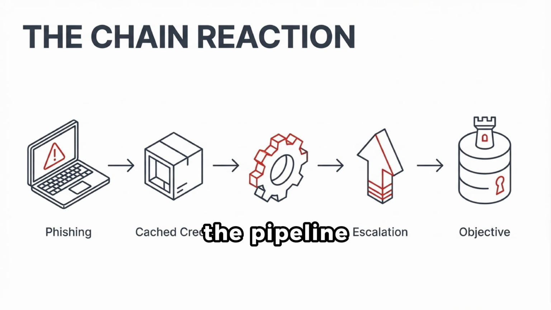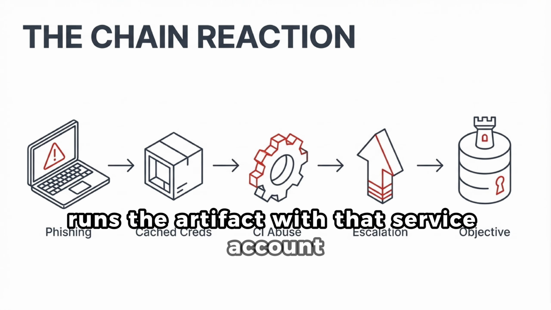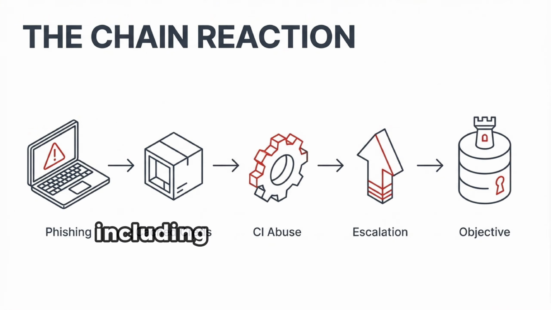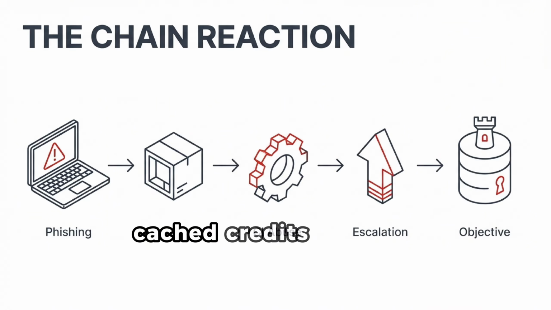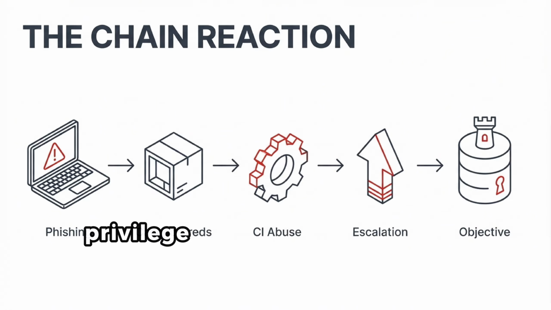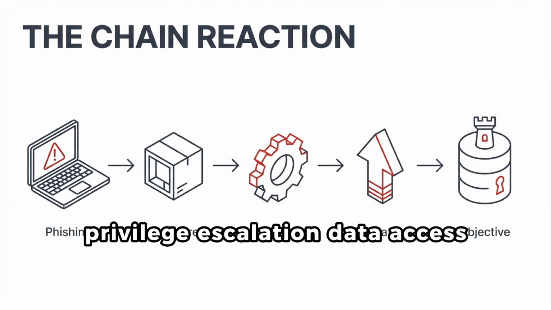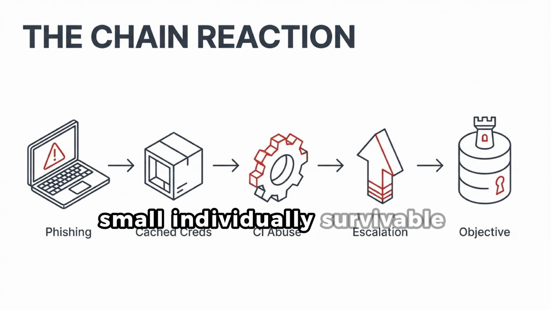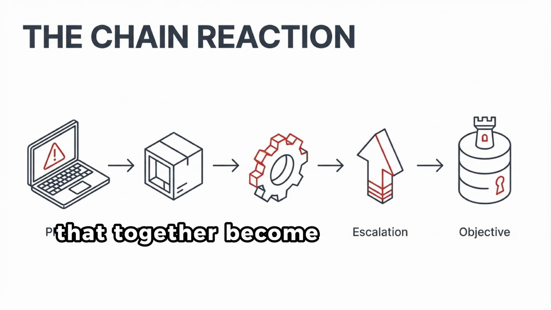The pipeline runs the artifact with that service account, and the attacker now has tokens to call internal APIs, including a database read role. The chain: phishing, cached creds, CI abuse, privilege escalation, data access. Each step is a crossing of a boundary, small, individually survivable mistakes that together become a compromise.